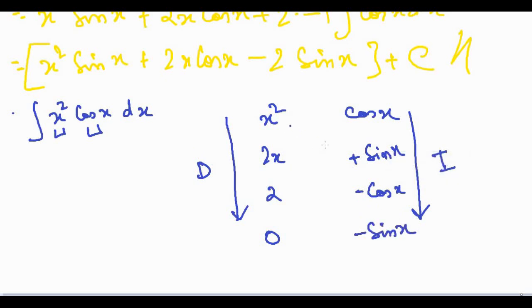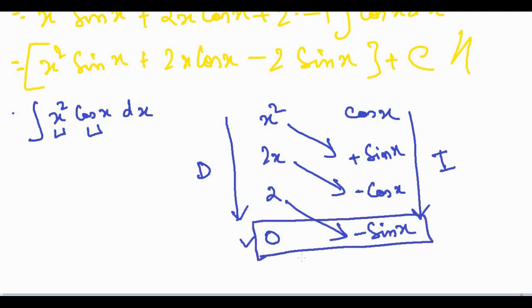So now I am going to draw arrows like this. I am going to take the derivative until I get 0, and in the similar range I am going to take the integral. If I wanted, I could take more integrals, but as I have got a 0 on this side, I will not take further integrals.